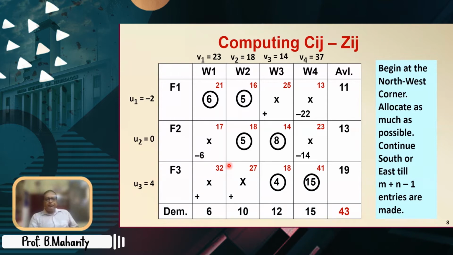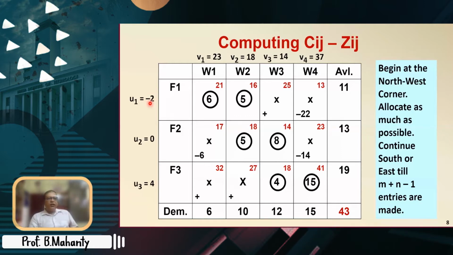And finally, we see here that we have got an 18 here because this 0 has got this 18. And this is another basic variable, so 16. So U1 should be minus 2. And after U1 is minus 2, then this one is 21, that is the last basic variable, so V1 should be 23. All right, now after you computed these Us and Vs, you could have started with anything else as 0.